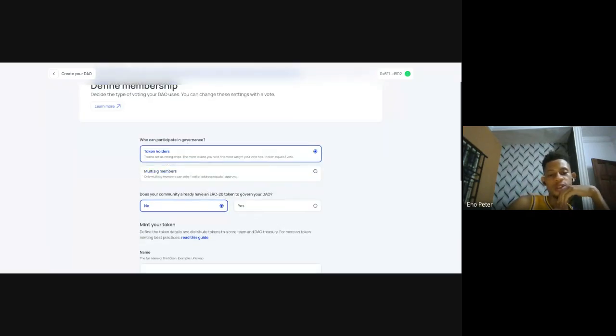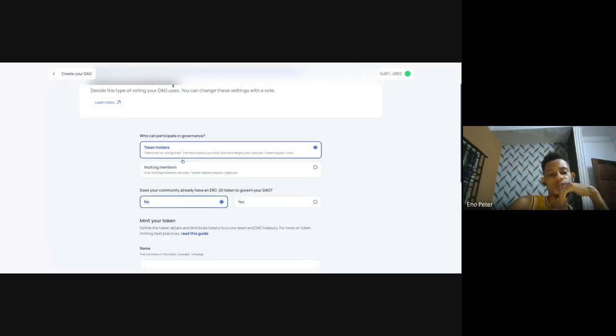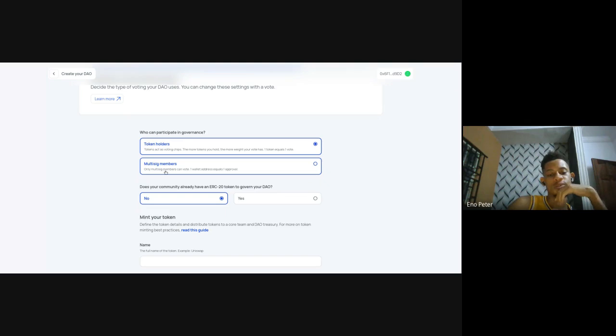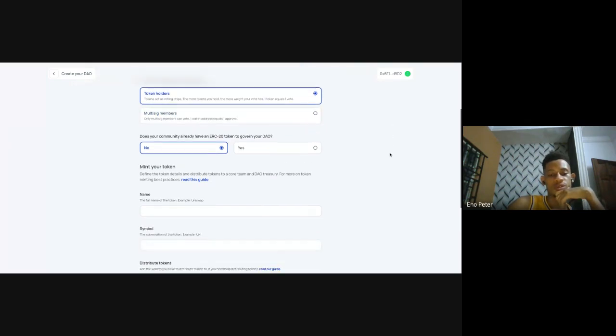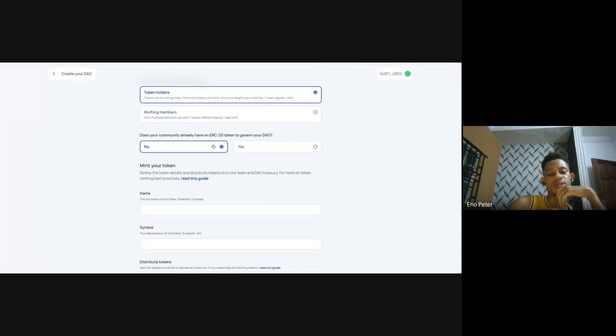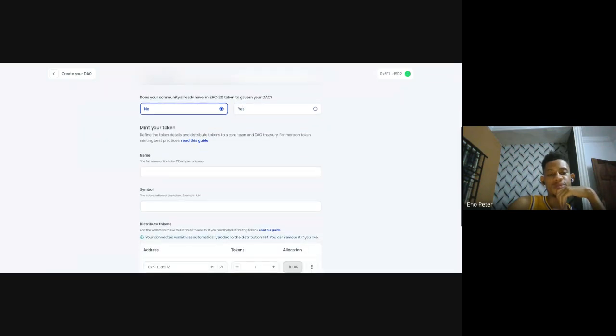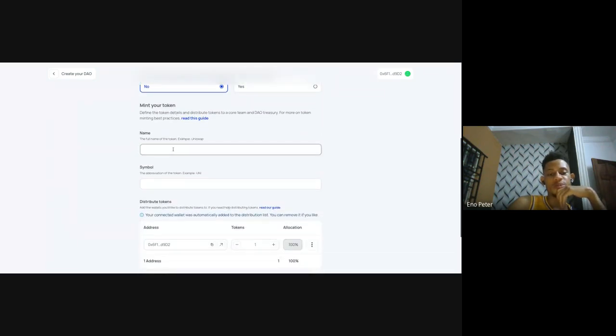Who can participate in governance: token holders, multi-signatory members. We'll go to token holders. Does the community have an ERC token? No. Mint your token. So you can mint your token in the creation process of the DAO, which then users can get.